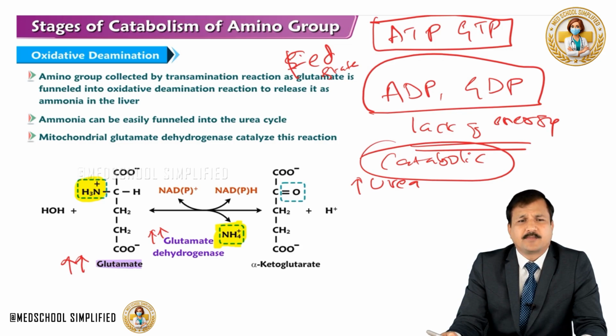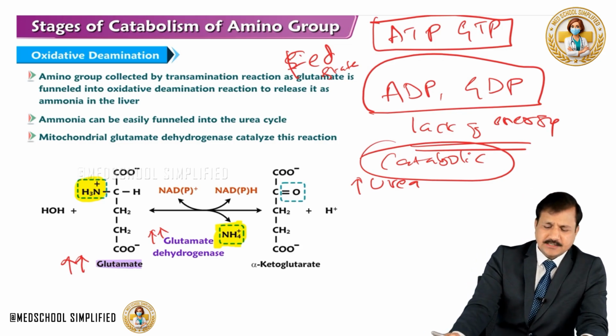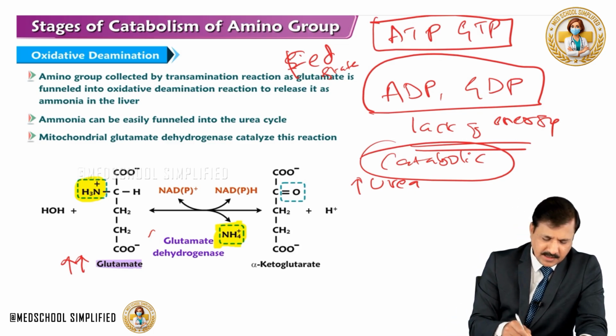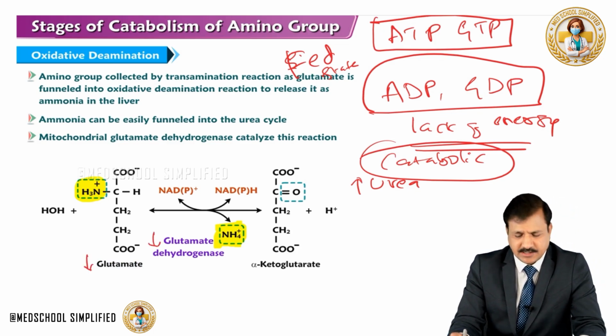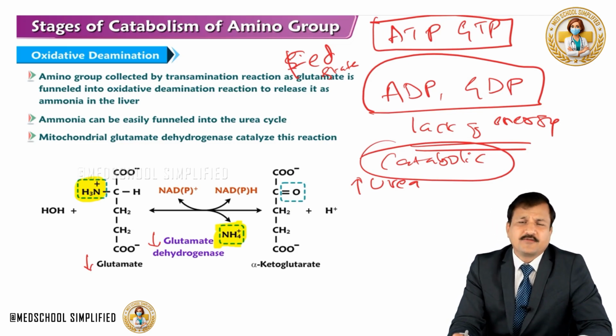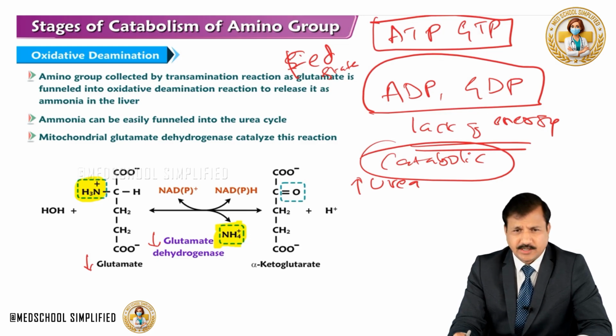At that time what will happen? ATP and GTP will have an inhibitory effect on glutamate dehydrogenase enzyme, and that means there will be a decrease in glutamate and a decrease in the glutamate dehydrogenase reaction. Overall, there will not be a significant increase in urea formation unless the person has taken too much protein diet. That is a different story.